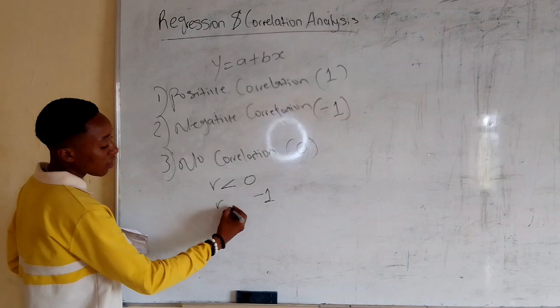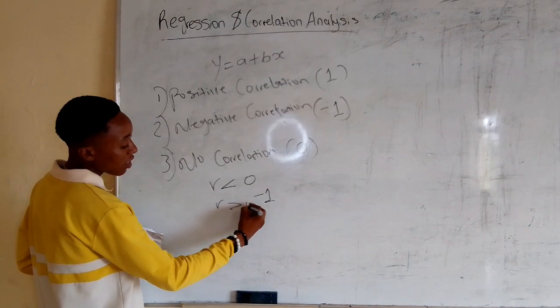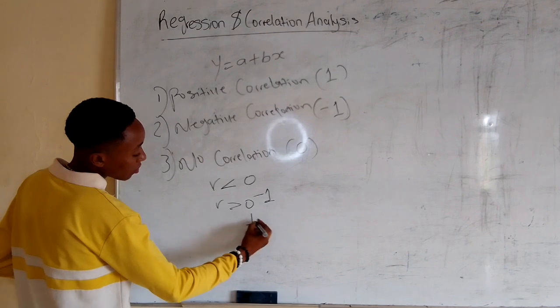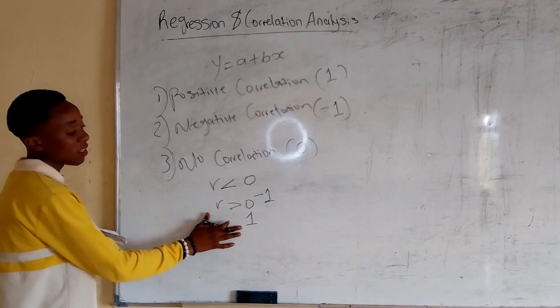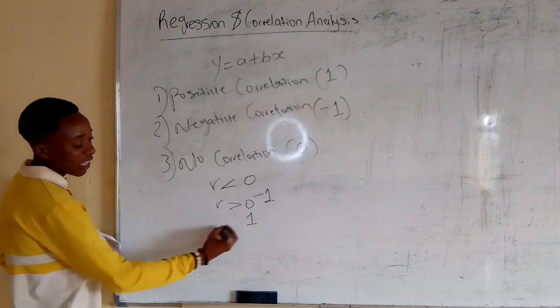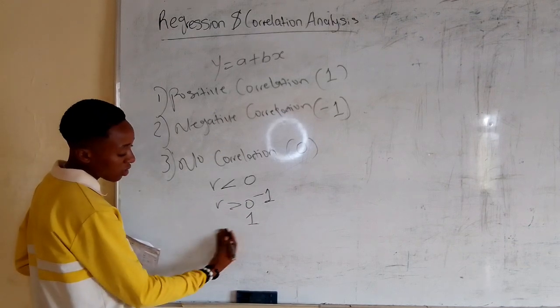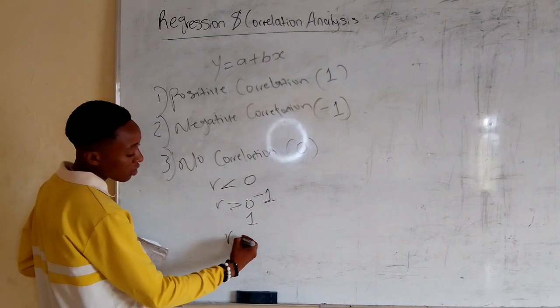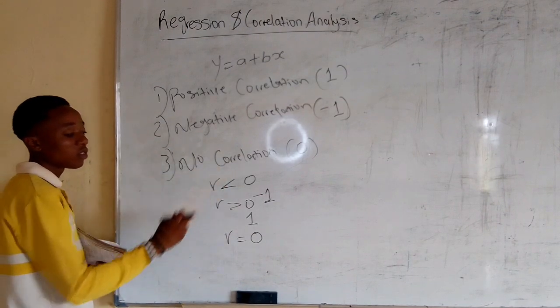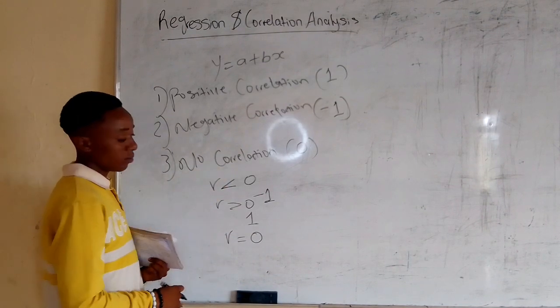But if R is greater than 0, then it is said to be a positive correlation. Then if R is equal to 0, it's a no correlation, a zero correlation.